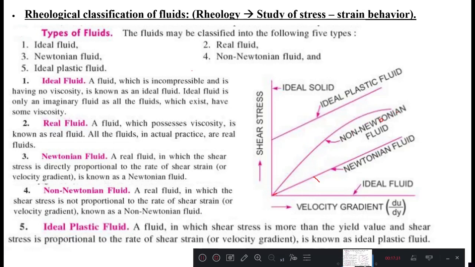For an ideal plastic fluid, we require an initial stress to deform. A certain initial stress is required for the deformation, and afterwards the deformation will be linear. An ideal fluid is one which doesn't have any viscosity, so along the x-axis we get the ideal fluid curve, and along the y-axis the curve we get is the ideal solid curve.